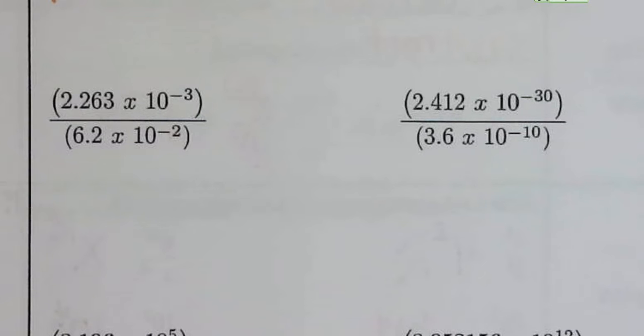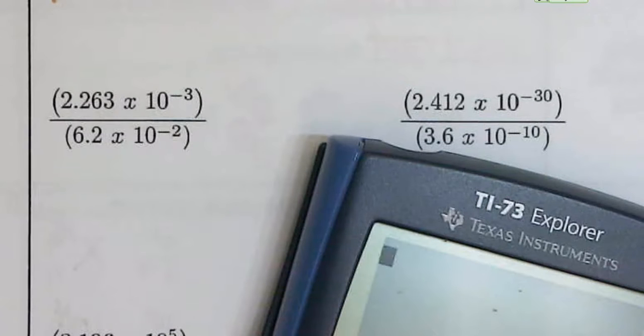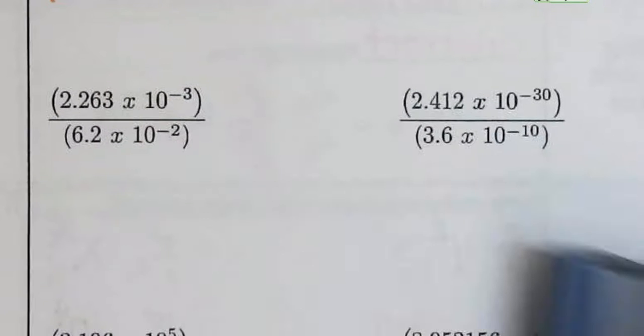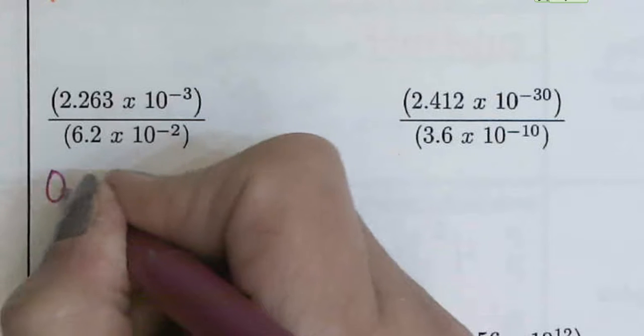I might write this thinking bubble over here so I don't forget. I have -3 minus a -2. So I have learned that I have to do scoop, same, change, opposite. So I have negative 3 plus 2, which gives me the answer of negative 1.